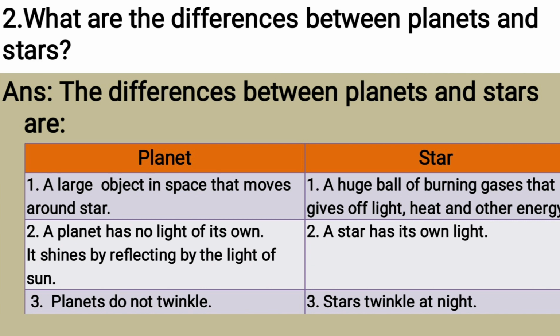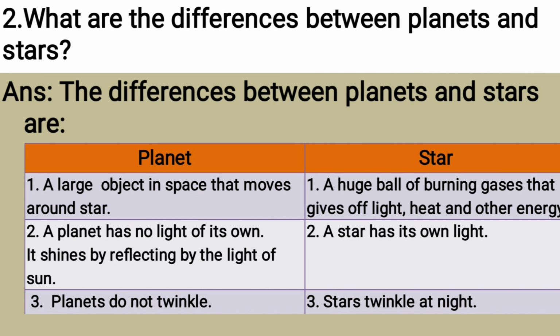Let's read out. Number 1. It is a large object in space that moves round the star. Star, number 1. It's a huge ball of burning gas that gives off light, heat and other energy.